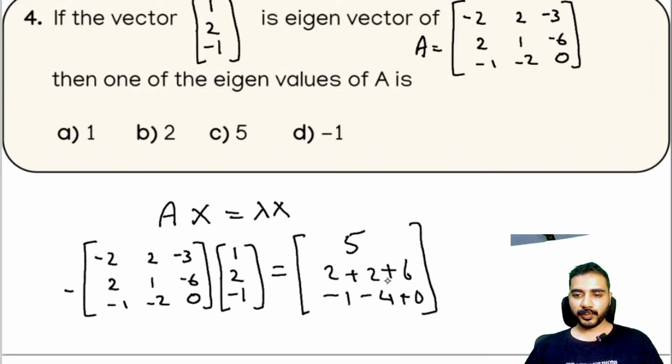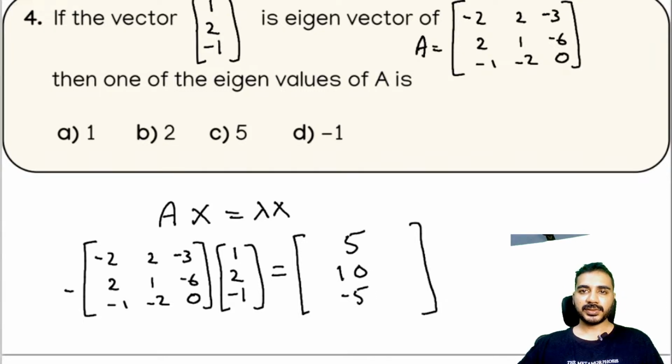Then 2 plus 2 plus 6 is 10. Then minus 1 plus minus 4 is minus 5. Since this is already given as an eigenvector, we can take 5 common.